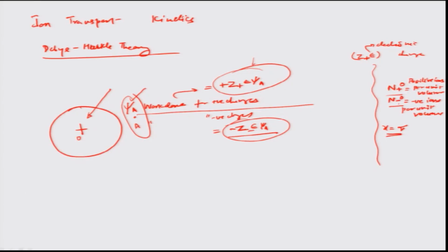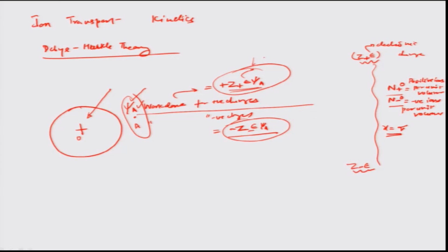And having said that, we tried to find out that if we wanted to bring a positive charge which is having Z plus valency, or a negative charge which is having Z minus valency, near this ion at the point A from the point infinity, the total amount of work that is done for the positive charges would be given by plus Z plus epsilon times psi A, where psi A is the potential function at A and epsilon is the electronic charge, which is 1.6 into 10 to the power of minus 19 coulomb.